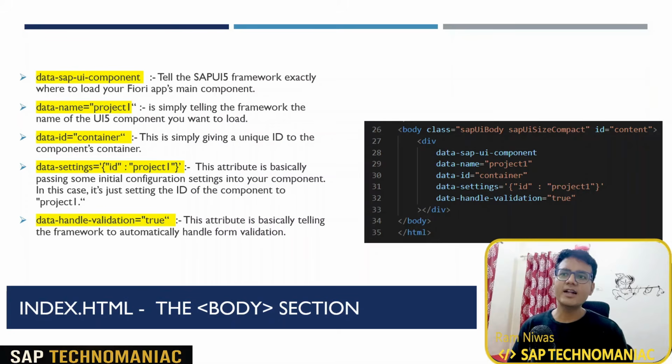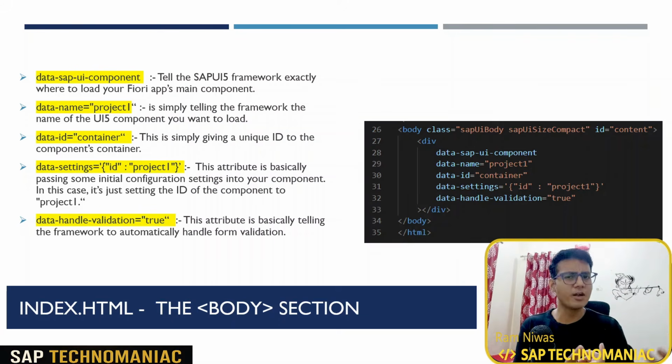Once we have given the ID, we are giving the initial settings to this main component. We are telling this main component what the ID of our application specific component is. We can give some other settings also, but mainly we are giving the ID of our application specific component, that is project one. The name we already gave, and we have given the ID as the same name.